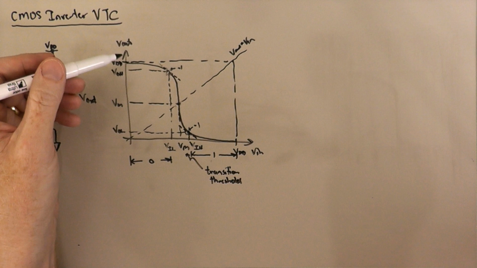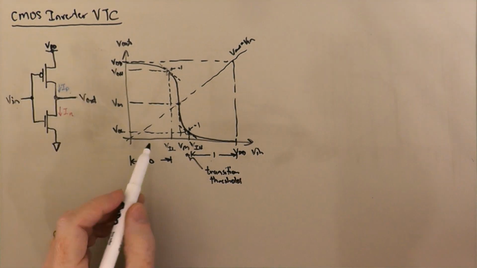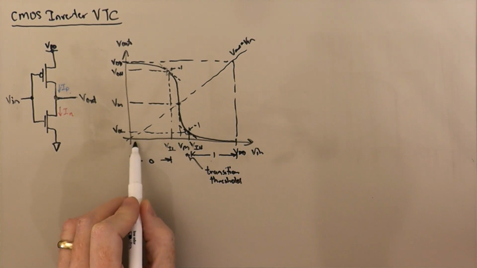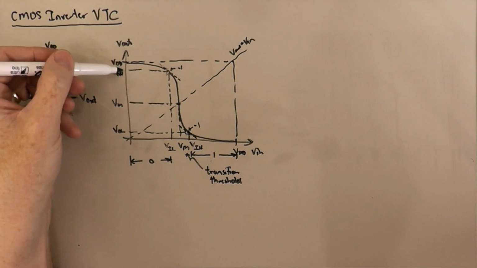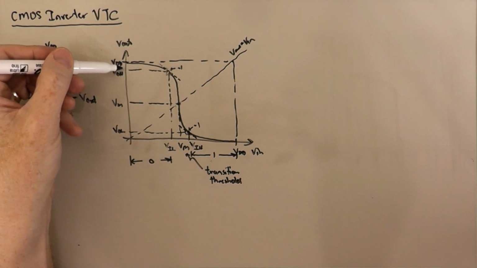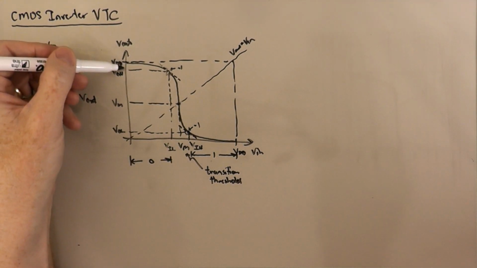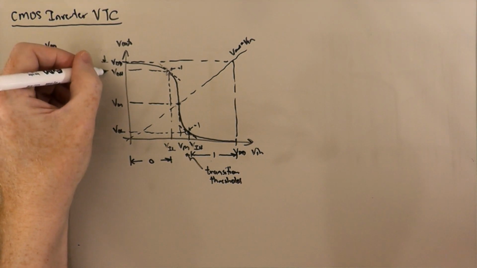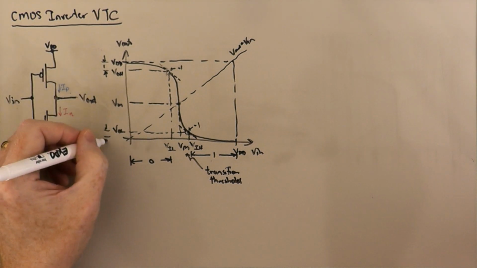The other interesting thing you'll notice is that the range of valid input levels, let's say 0, gets mapped into a much smaller range of output voltages. So a wide range of input zeros gets mapped onto a much narrower range of output voltages that would be considered a 1. And this is the output range that's considered a 0.